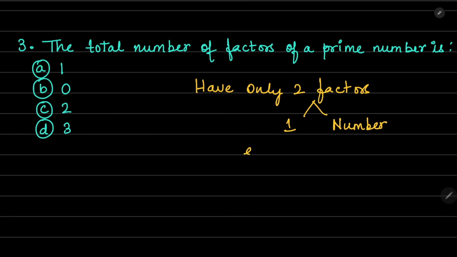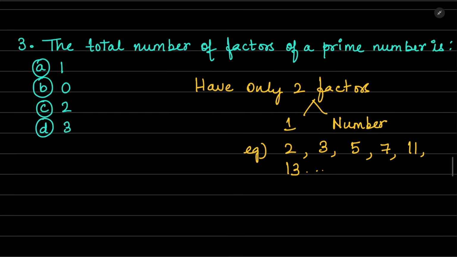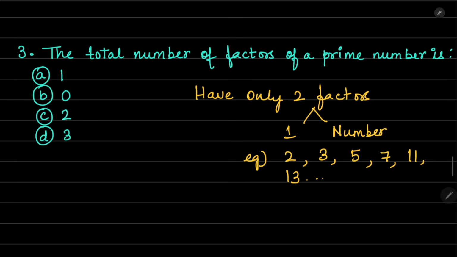For example, 2 is a prime number, 3 is a prime number, 5, 7, 11, 13, and so on. So these numbers have only two factors, 1 and the number itself. Always remember, the number of factors of a prime number is always 2.